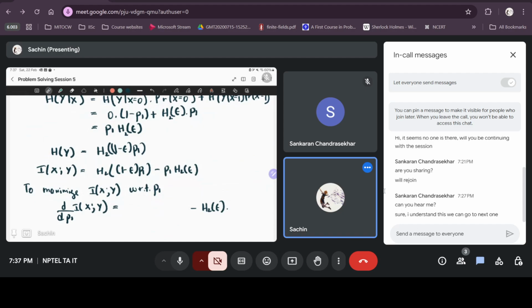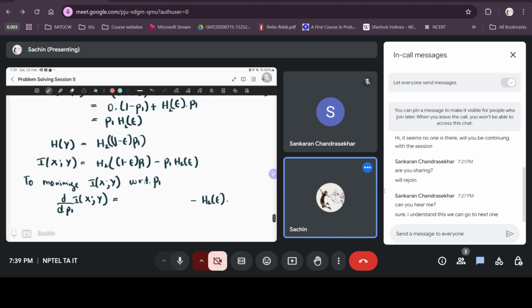First term, you have to differentiate h2 of 1 minus epsilon times p1. Well, I'll let you do the math.